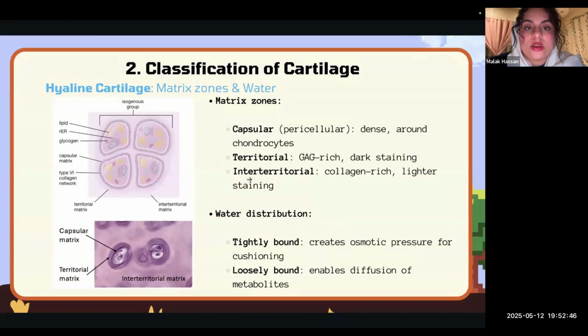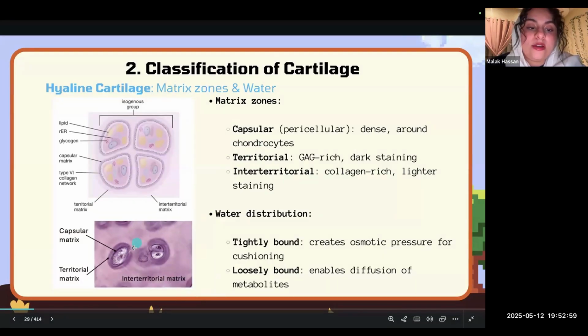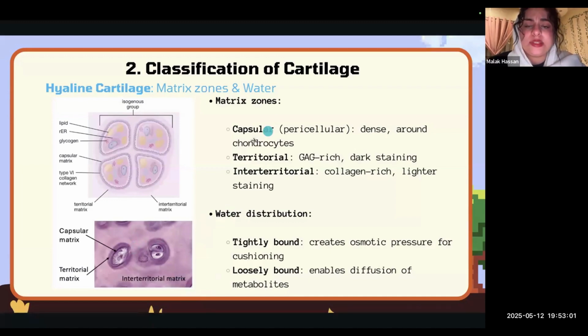Now, for the matrix zones, what are the matrix zones? Remember how we talked about the different colors of the matrix and how there's one that seems darker, one that seems lighter? Well, here we have basically 3 zones of matrix. You have the capsular zone. The capsular zone is this one right here, the very dark staining one. It surrounds the cell immediately.